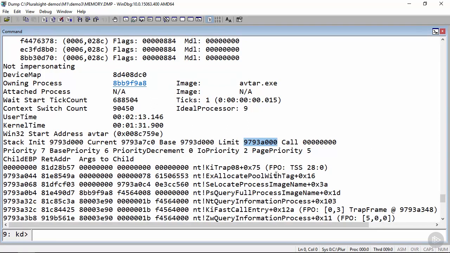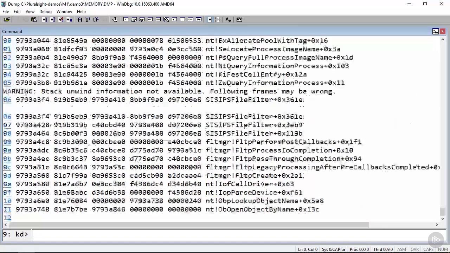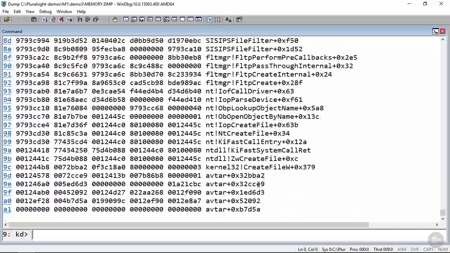So what we want to do next is to take a look at the driver, or the stack that was executing at the time. And so I did the kb command, and it went on forever and ever and ever.